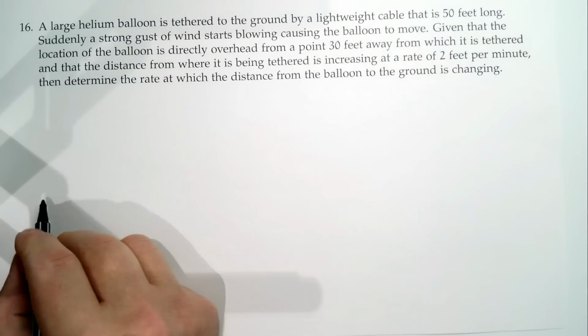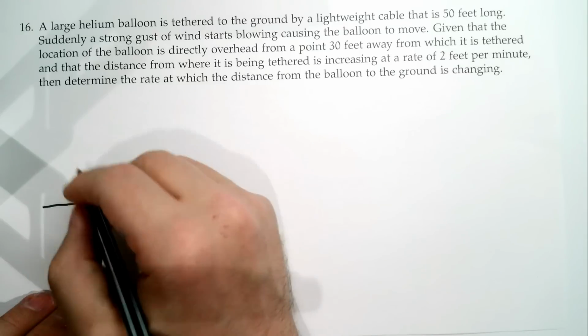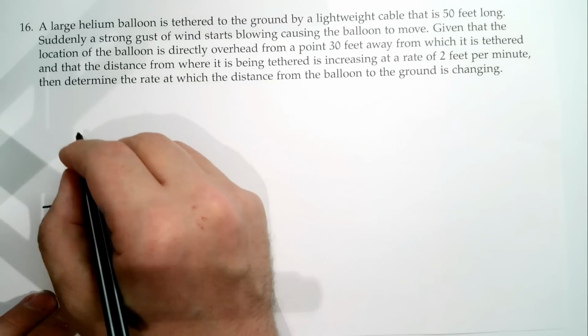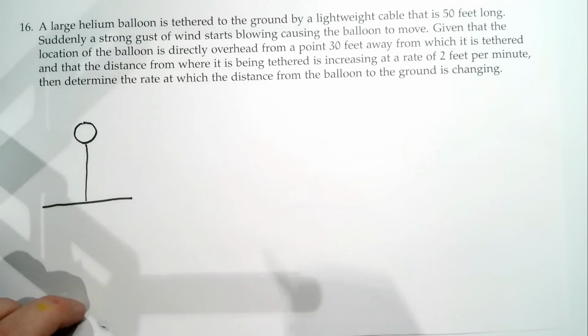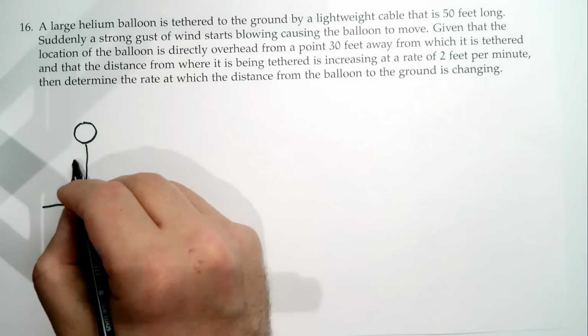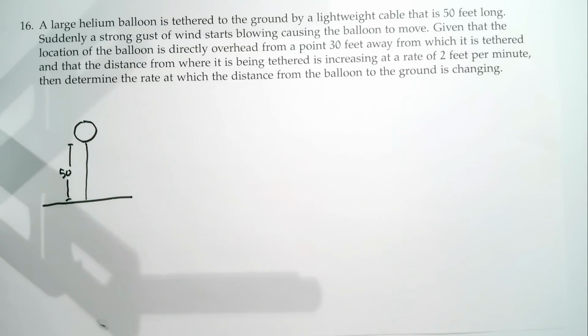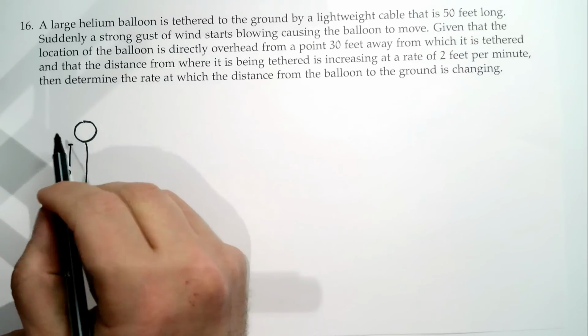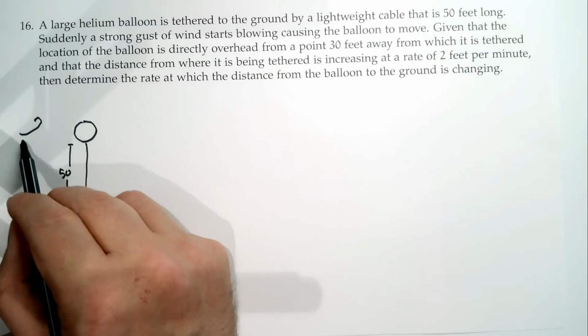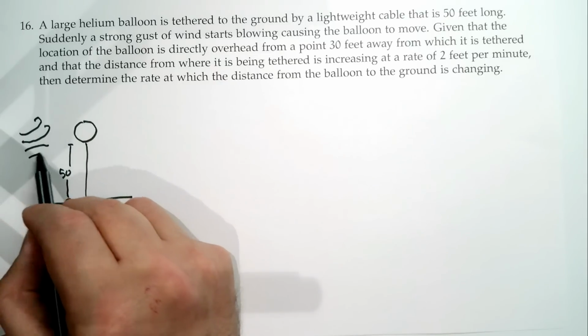And so we have, here's our ground, and there's this balloon. And it's attached to the ground. This cable here, this is 50 feet long. Now, what happens? Well, while this balloon is in the air, all of a sudden there's a strong gust of wind.